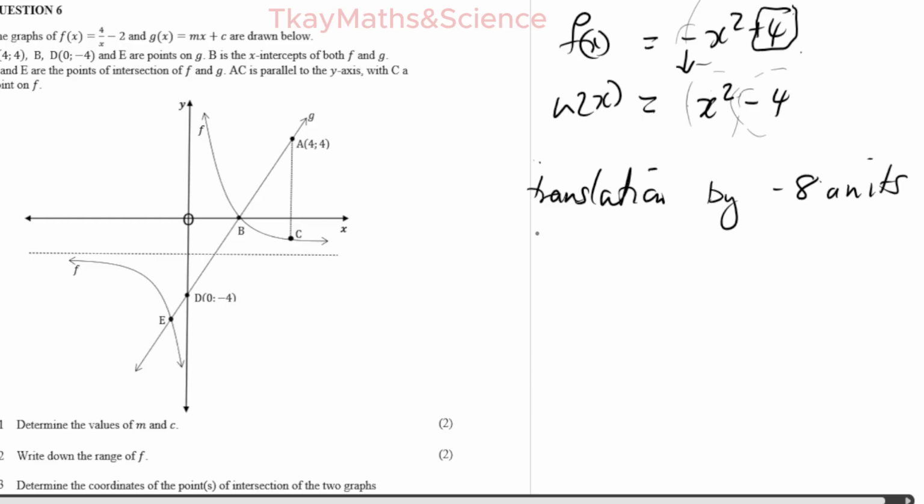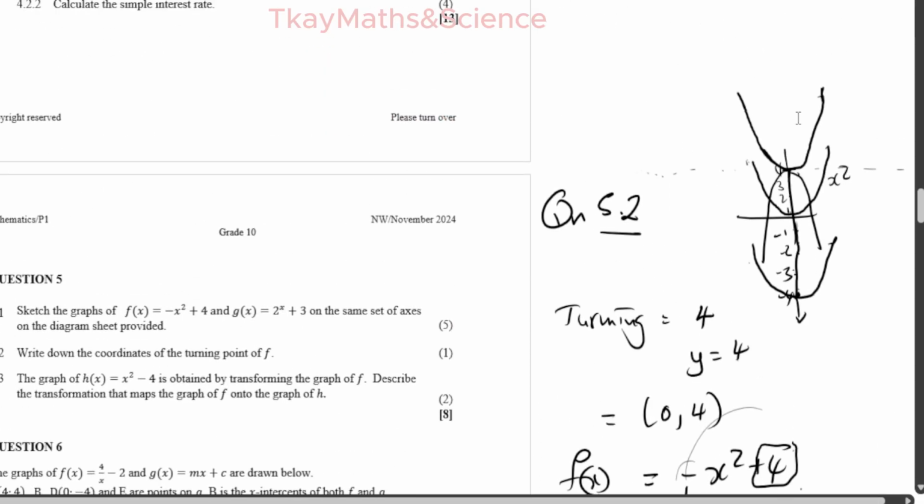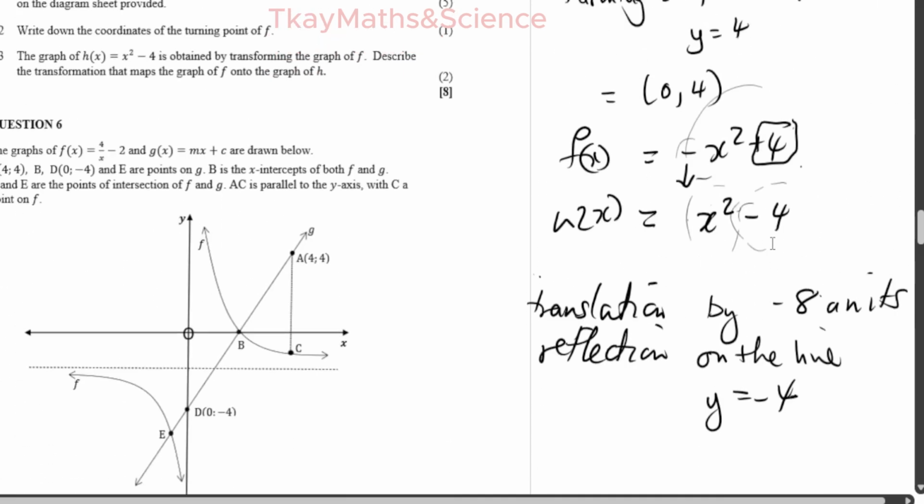Then there's a reflection on the line y is equal to negative 4. So it was reflected, then it was brought down by 8 units. All right, we can go to the next one now.